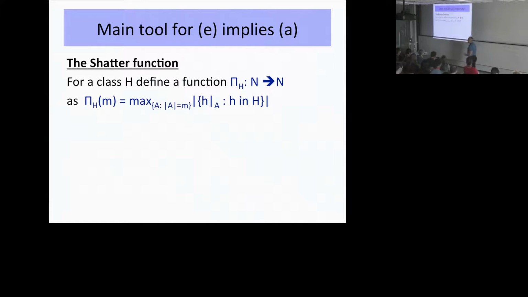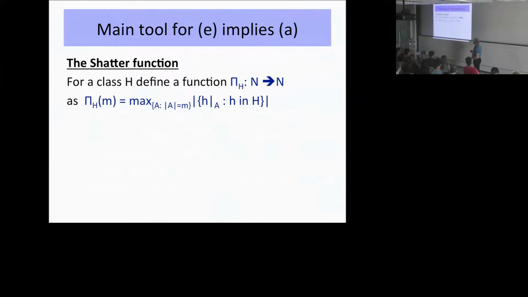So we said the shatter function is, for a fixed class H, and for every M, we look at all subsets of the domain of size M, and for each of them we see how many behaviors H has on this set. So this is H behaving on A, and we count how many of those.